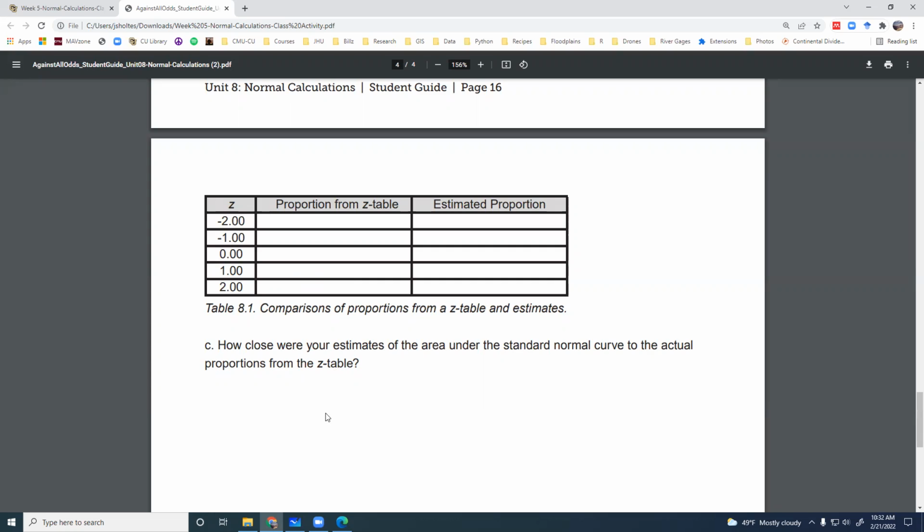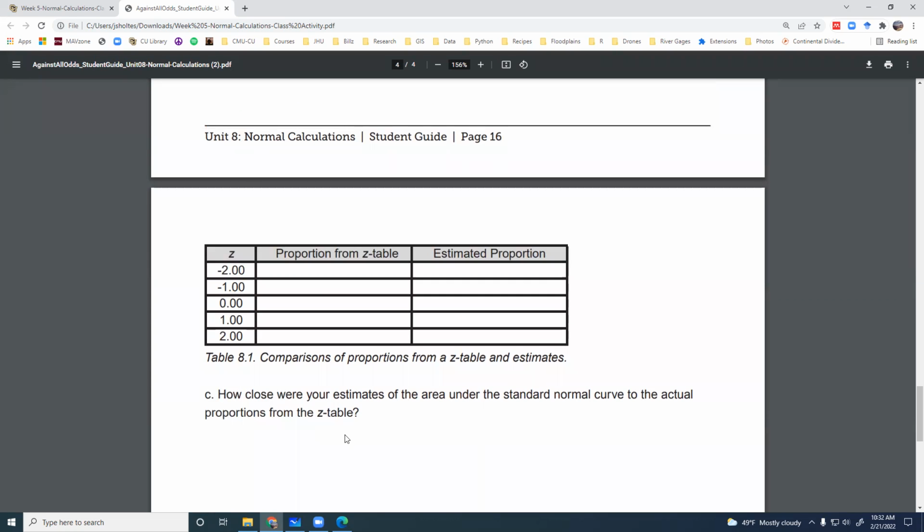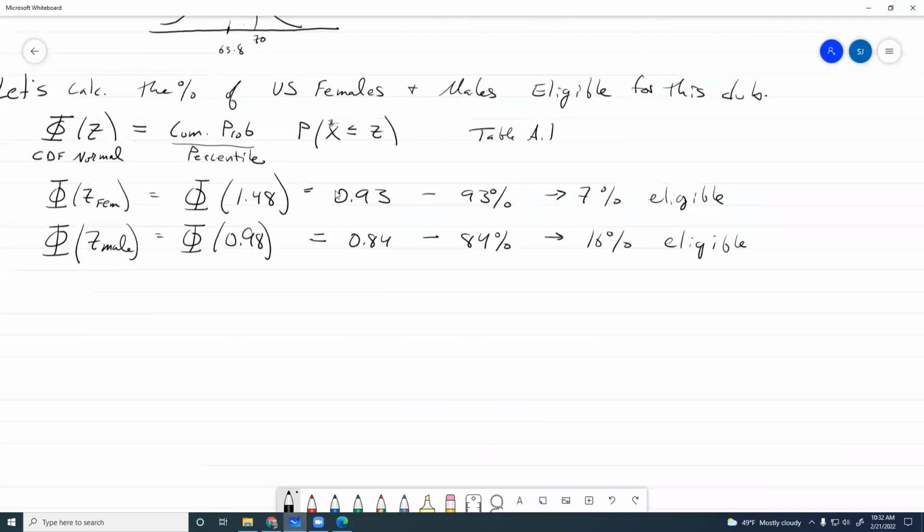For part C right there, what's the percentage? Just compare them. This is just an exercise to familiarize yourself with how this all works.